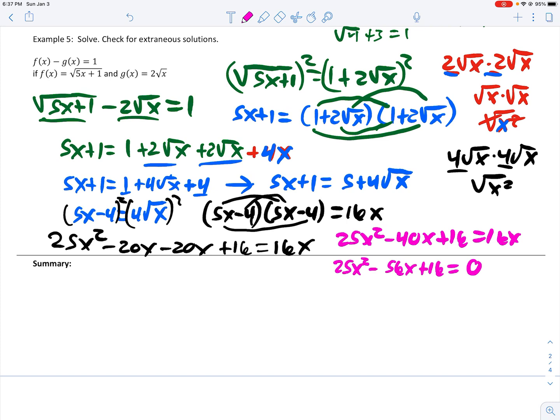Right, so we're looking for the factors of 25. If it doesn't factor, then you can use the quadratic formula. So very challenging problem, right? I'm going to leave that last part up to you guys, but again, you can factor or do the quadratic formula to figure out your solution.